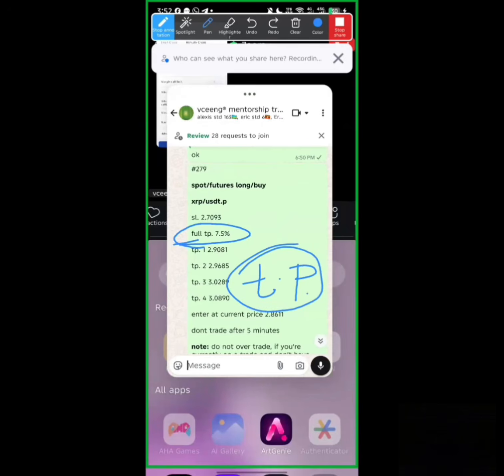Another person might use targets. I always use TP for my take profit. If the signal does not have different targets, it's going to be just the full TP. In the case of this signal, the TP will be just 7.5%.